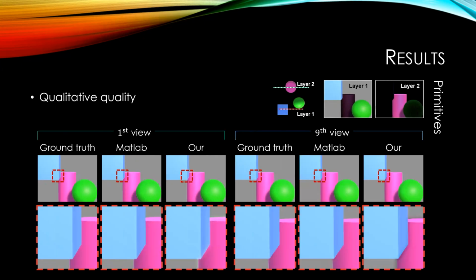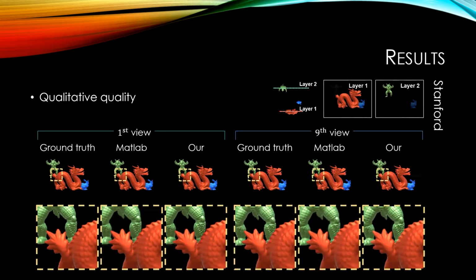Now let's see the quality of our approach. The differences between our reconstructed light fields and the ground truth light fields are difficult to catch by eyes except around the boundaries of objects where unremarkable Gauss effects exist. Here is another thing, the Stanford.